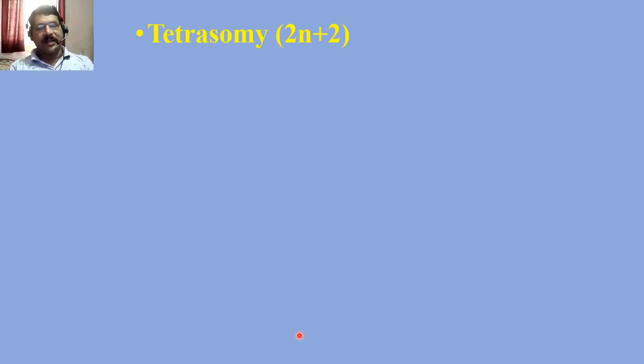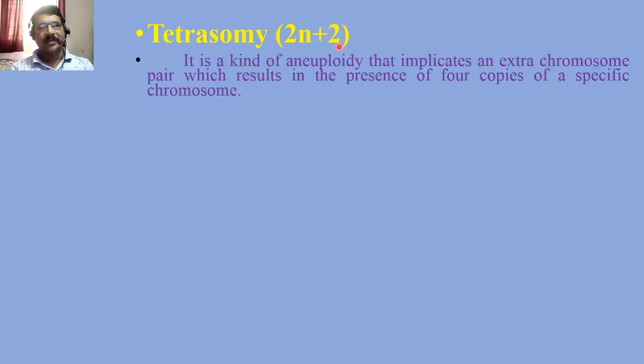Tetrasomy is the last type of aneuploidy, and it is the second type of hyperploidy, having the formula 2n+2. As we have seen here, one complete homologous pair of chromosomes gets added into the basic chromosome set, so it is known as tetrasomy.